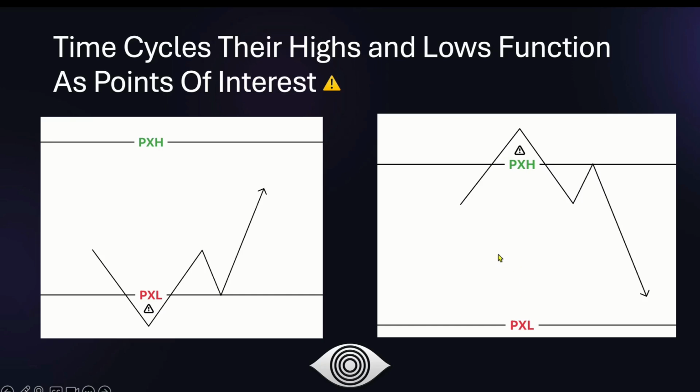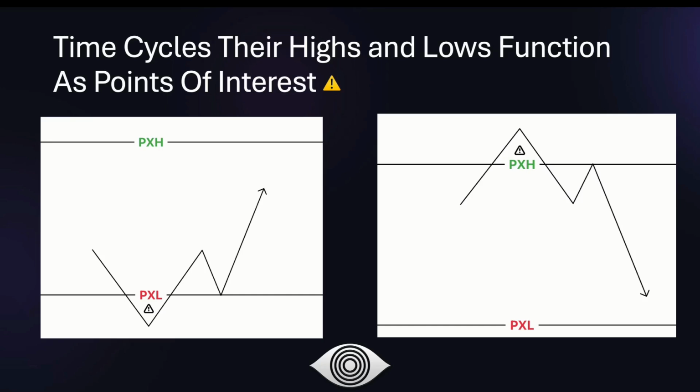I want you to understand that this right here is a market maker buy model scenario on the left side, and this is a market maker sell model scenario on the right side. If you do not understand market maker models yet, I'm sorry, but I warn you that this lecture would be advanced.